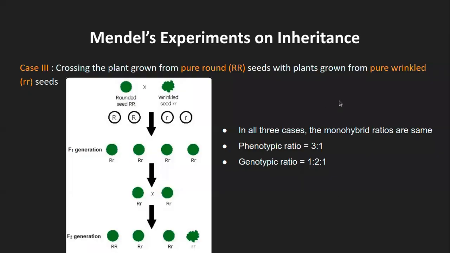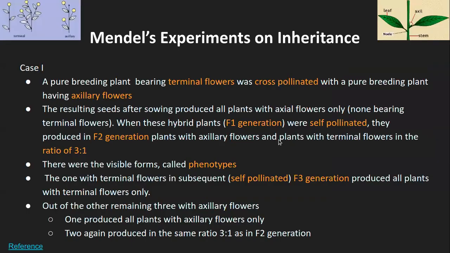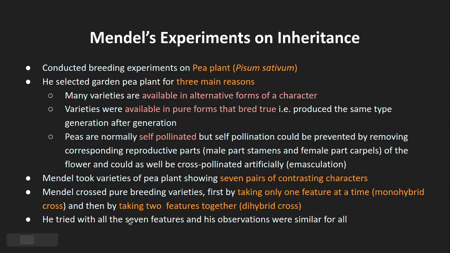So that was the first type of Mendel's experiment, which was done to prove the phenotypic ratio and the genotypic ratio that we get by the end. They are also called Mendel's crosses, because Mendel did these crosses. And like I said in the earlier slide, Mendel had tried all these crosses with all the 7 features.